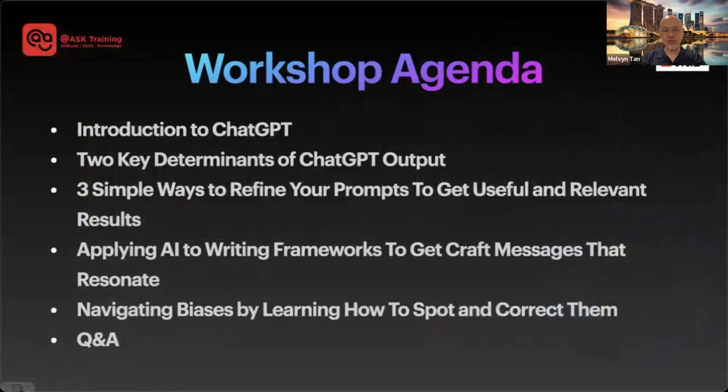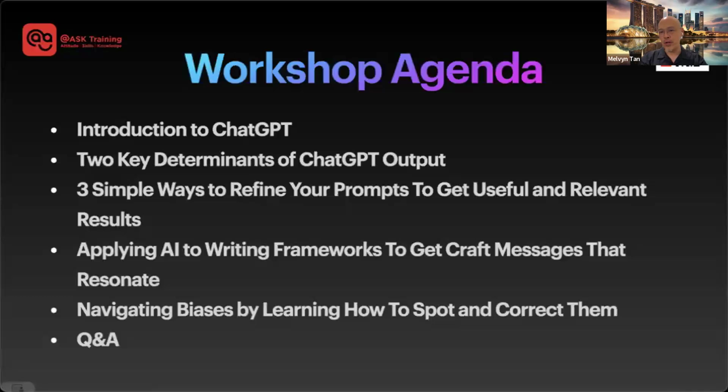So just to give you a quick intro, this workshop that you can expect here today is that first and foremost, just so that all of us are on the same page, I want to make sure that we have a good idea of ChatGPT. What is it about, and all that. And then I'm going to cover the two key determinants of ChatGPT output.